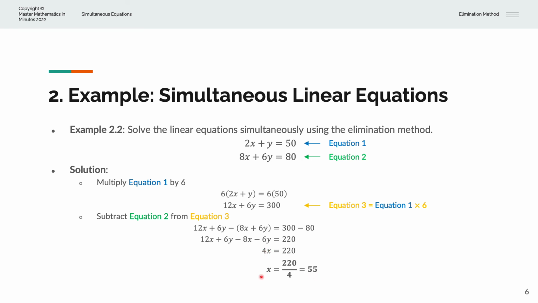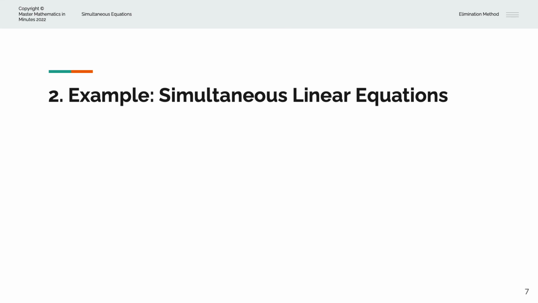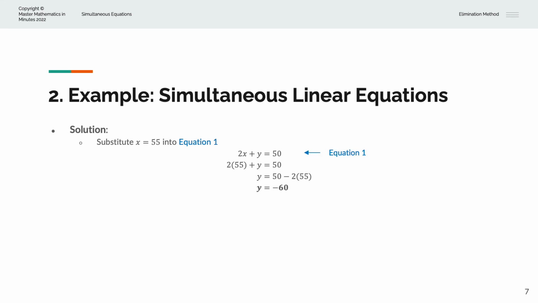So in theory, we could substitute x equals 55 into any of these equations to solve for y. So we've solved for one variable, and we'll need to solve for the second, which is y. So substituting x equals 55 into the first equation, we have 2x plus y equals 50, and we'll substitute x as 55.